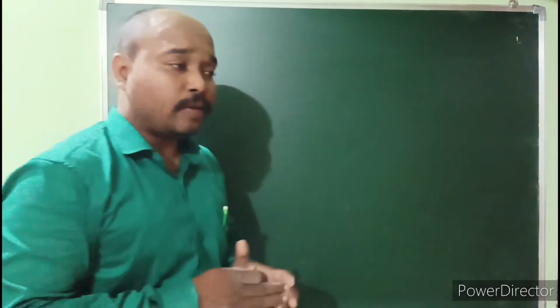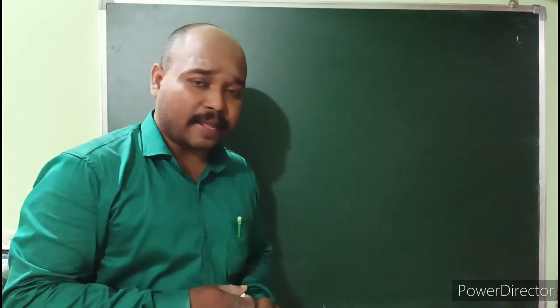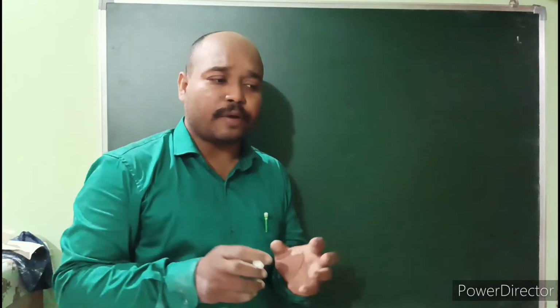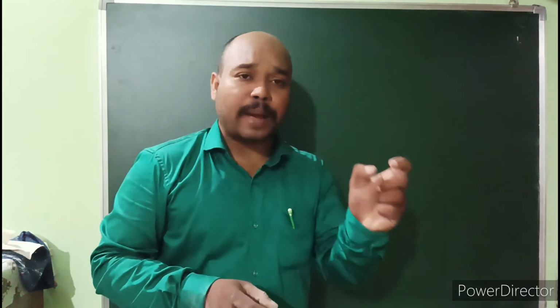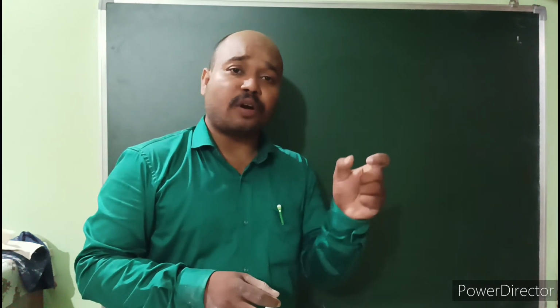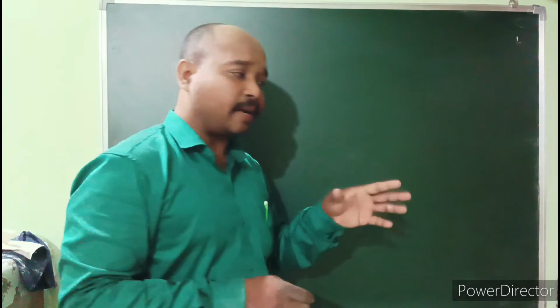As Maxwell said that electromagnetic wave is related to wavelength, so they have some specific wavelength. On the basis of wavelength, they are distributed in form of bands, and those bands are called spectrum. Here we will discuss about electromagnetic spectrum.